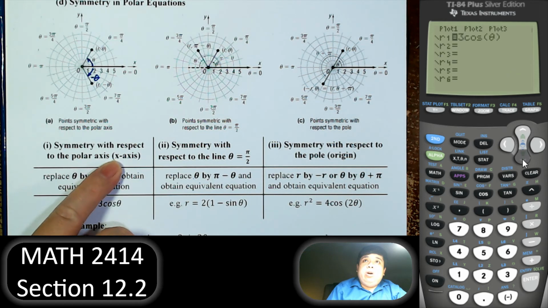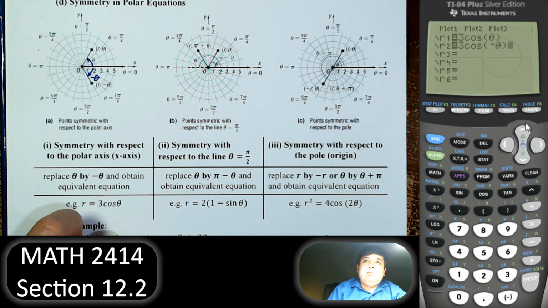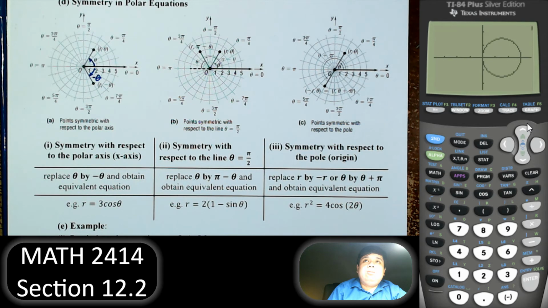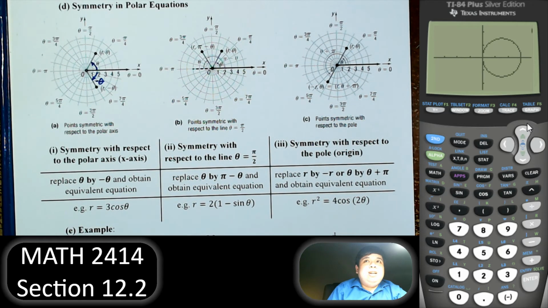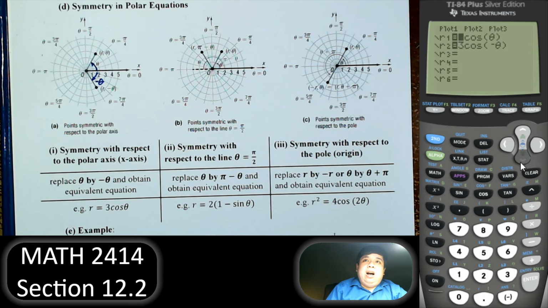So if we do that with negative theta, we have the same thing, right? Now, if you want to convince yourself that it is actually the same thing, we can do this. Go back here, and when it highlights this, hit enter 1, 2 times.